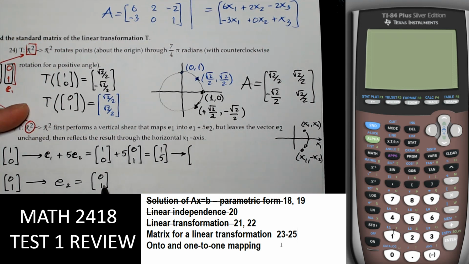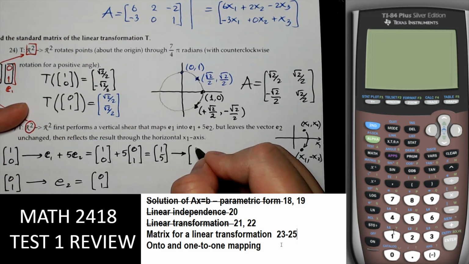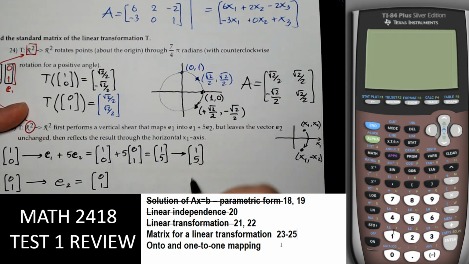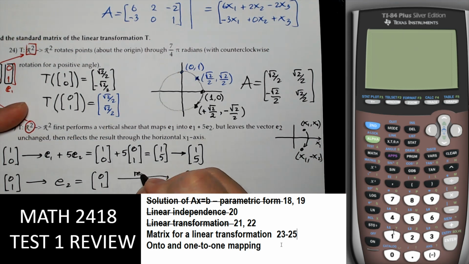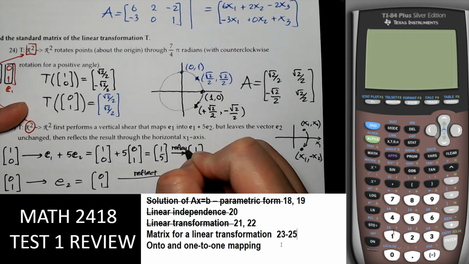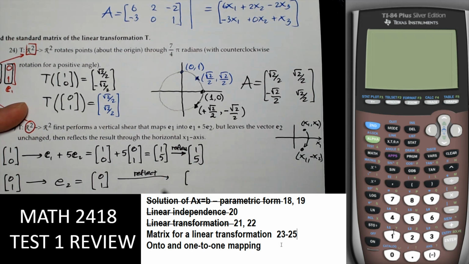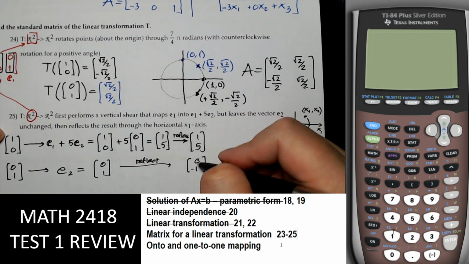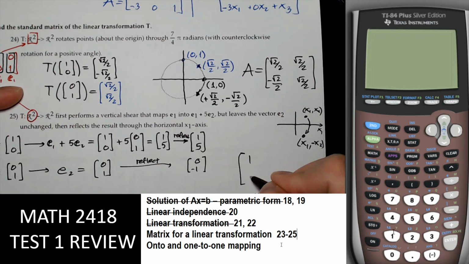X1 will stay the same, so we still have 1 and 5, but x2 will change the sign. This is a reflect here. Zero and negative 1, and put the result in the matrix.